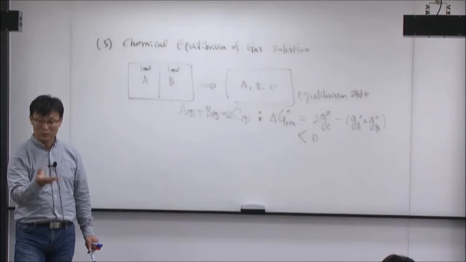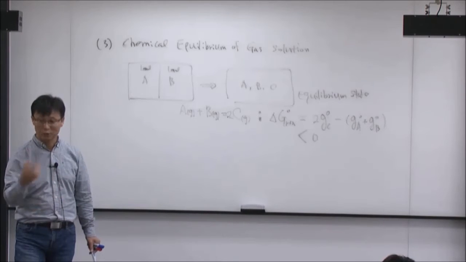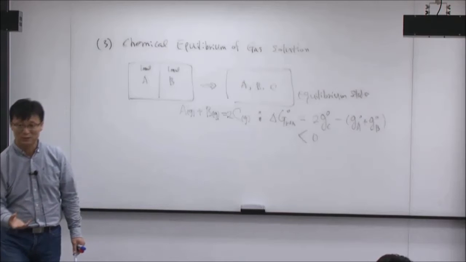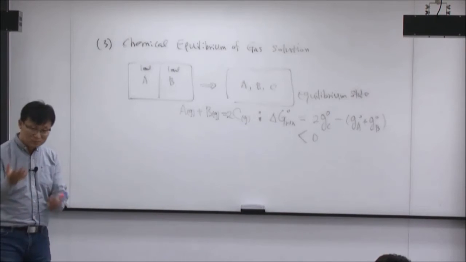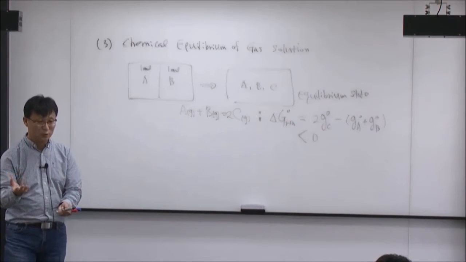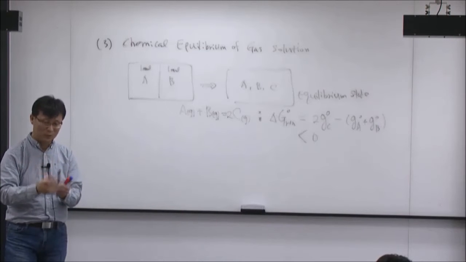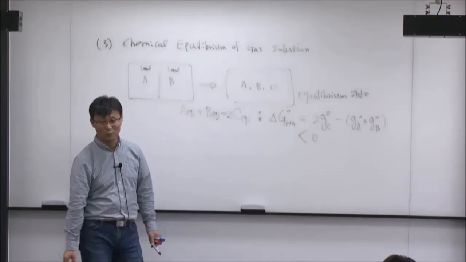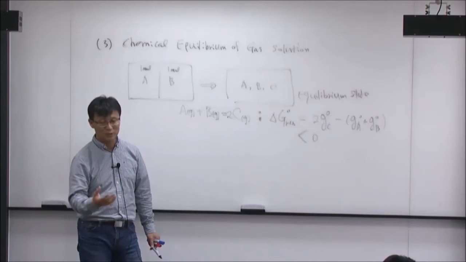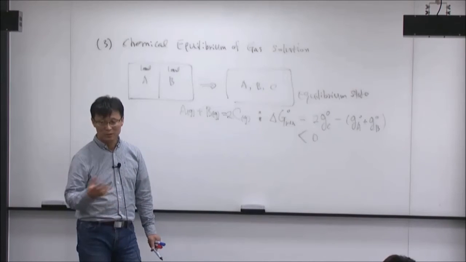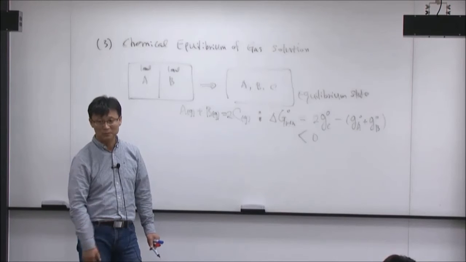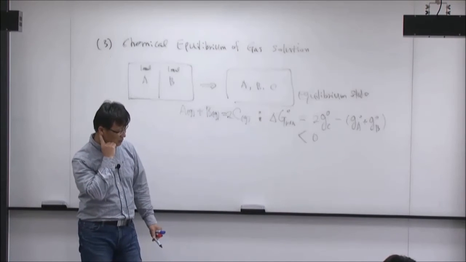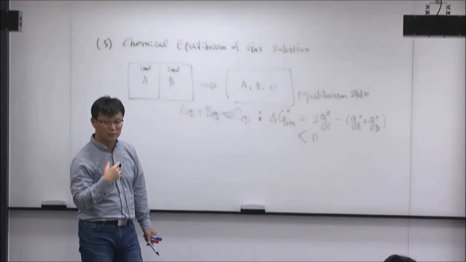Because when you have A, B, C together, you have an entropy term that contributes negatively to the Gibbs energy. So depending on the case, you can have more A and B because of the entropy, and it can reduce the Gibbs energy of the solution further, okay? So now we're going to test this in this question, okay?